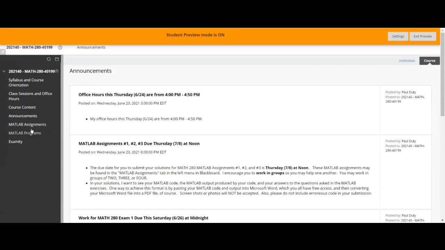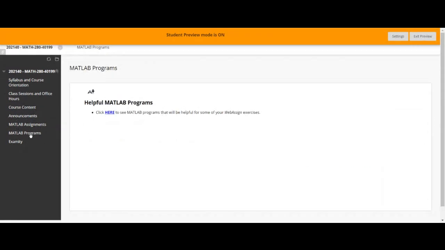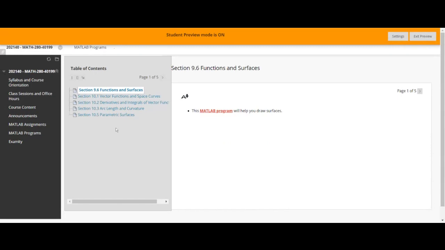Let me go into MATLAB programs. Okay, and then we click here to see the MATLAB programs. In section 10.5, parametric surfaces, there is a MATLAB program that corresponds to this second example.